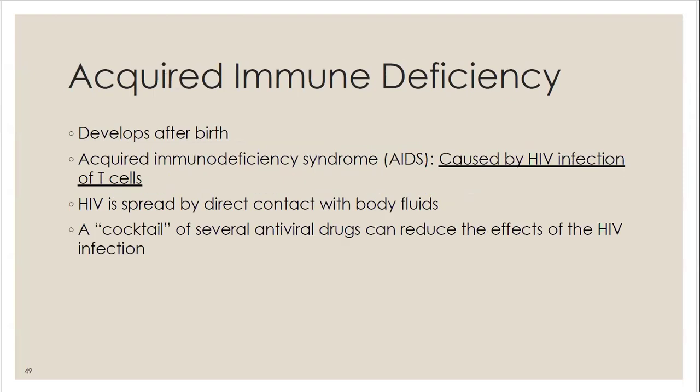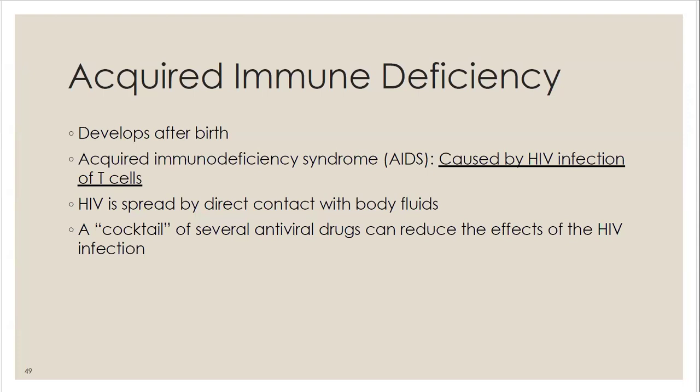Acquired immune deficiencies develop after birth and are caused by external factors. This is AIDS, acquired immune deficiency syndrome. It develops after birth and can result from infections, medications, or environmental exposures. AIDS is caused by the human immunodeficiency virus, which infects and destroys T cells, specifically CD4 plus cells.